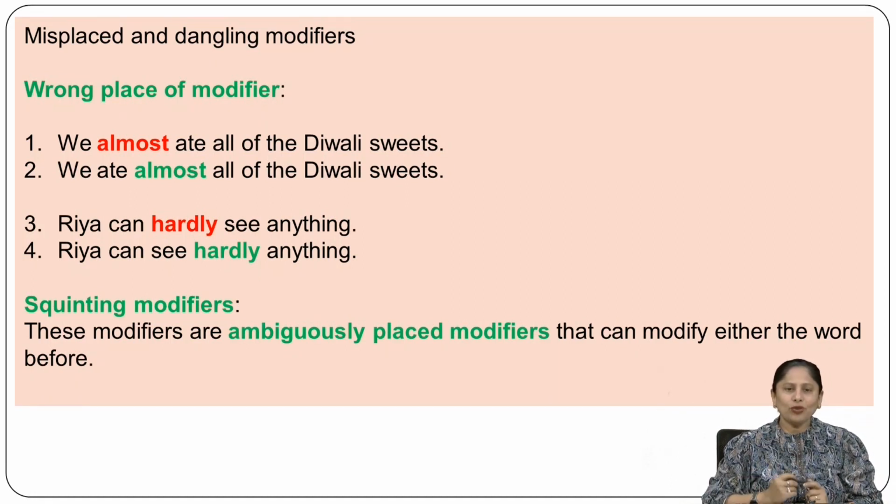Now let's go for squinting modifiers. These modifiers are ambiguously placed modifiers. Look, the word itself tells us that they are ambiguously placed. So it shows that these modifiers are not utilized in a proper way.